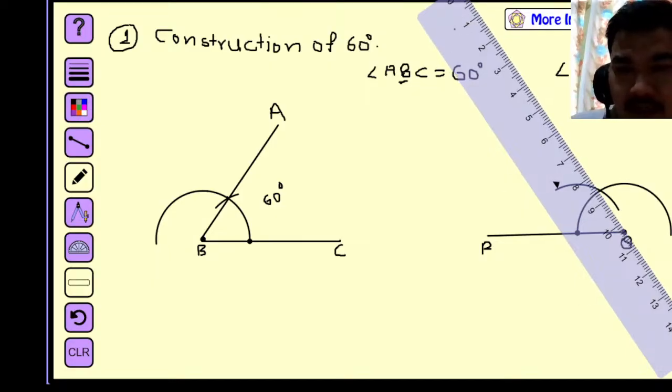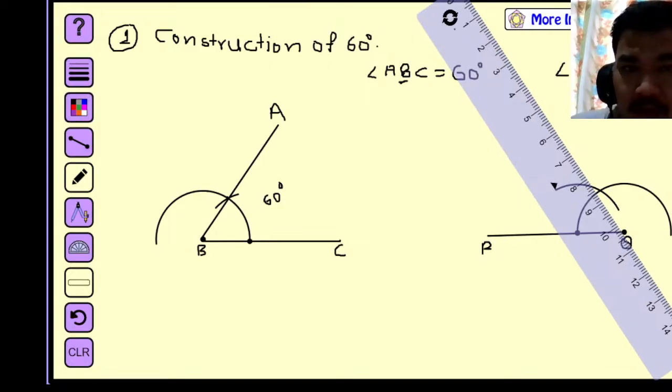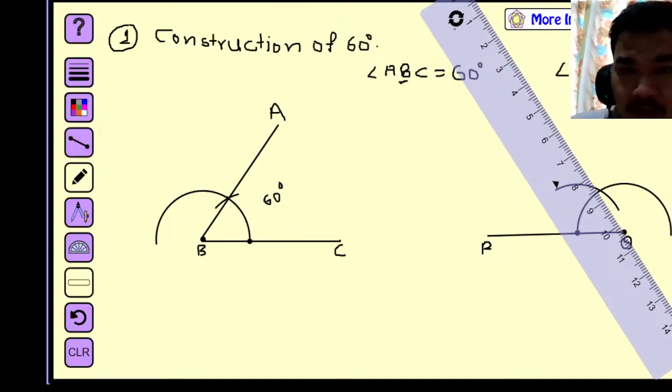Join the point of intersection of this arc with the straight line. Move this a little bit down, this a little bit up. Then join like this, right?